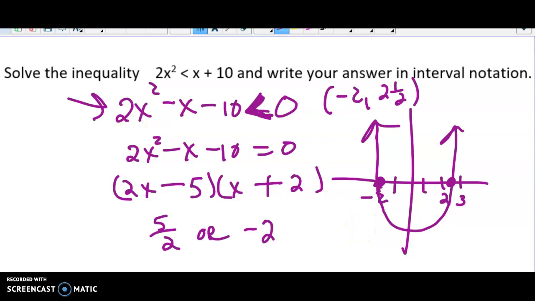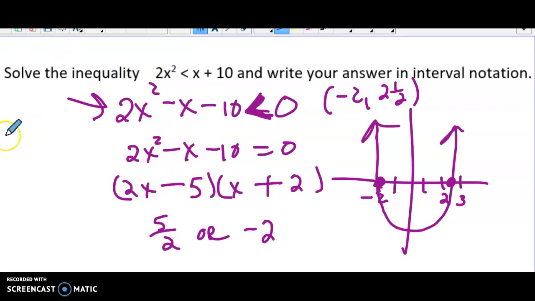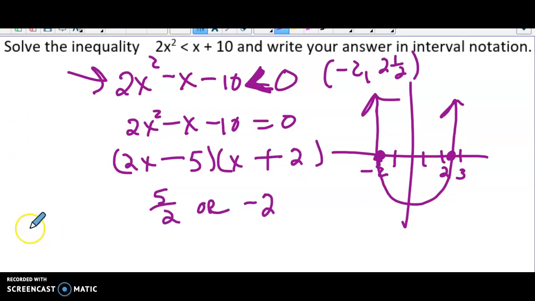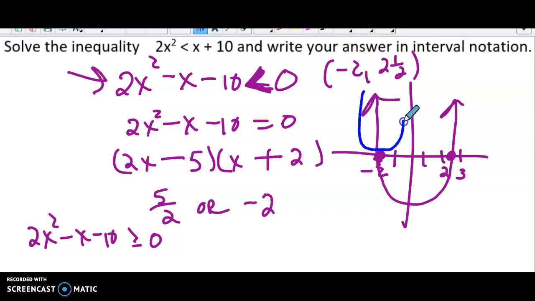I didn't have to use the test point method. I just found where it equaled 0, and then I pictured the graph. Okay, let's just pretend that this would have said, where is 2x squared minus x minus 10 greater than or equal to 0? I would have done the exact same thing, except now I'm looking for where my parabola is above the x-axis. And I would say that that is right here and right here.